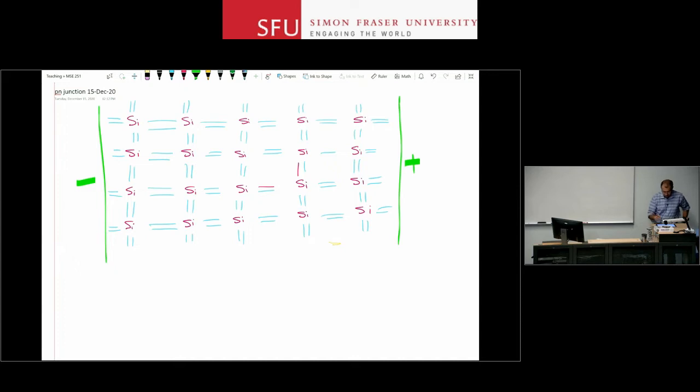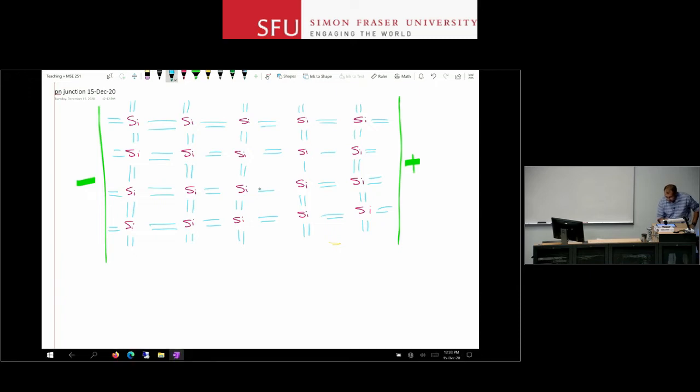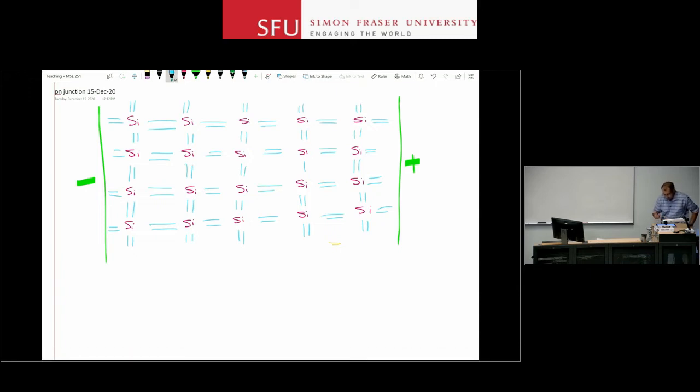For the most part, this is behaving as a bad conductor. So you raise the temperature to a few hundred degrees Kelvin, room temperature, and it's still not a very good conductor. It's conducting, but not that much. The number of those electrons that free themselves from those bonds is really, really small.